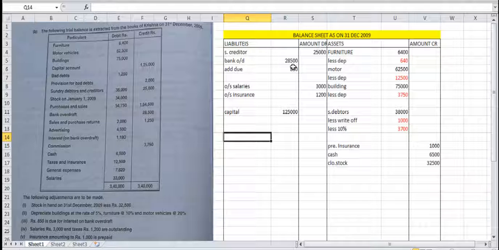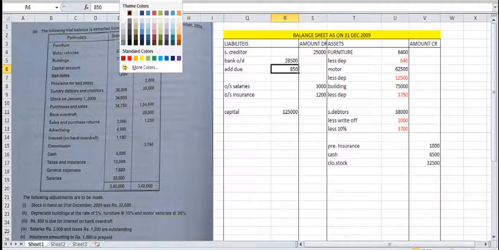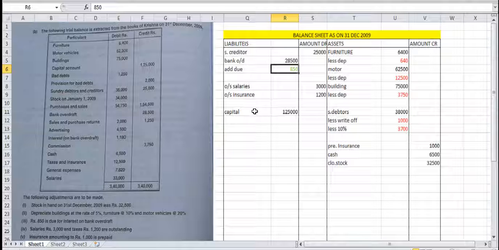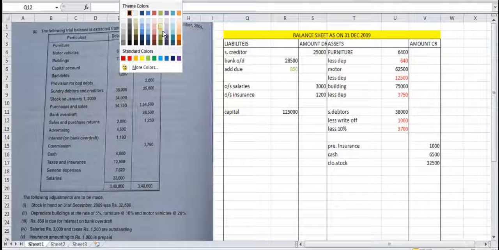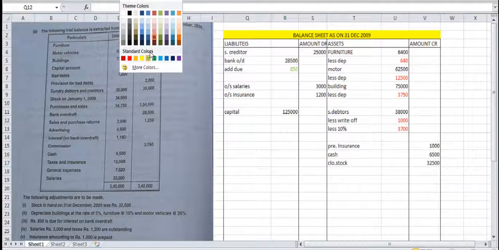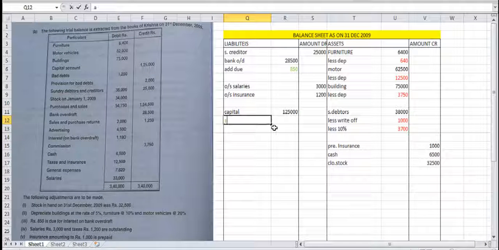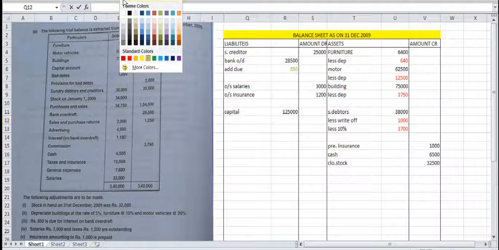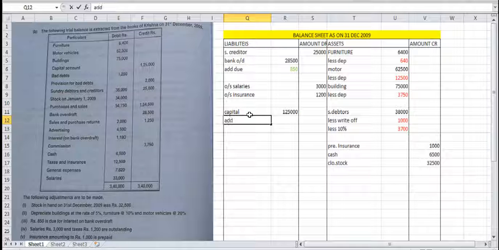Total, this total we have already done, we have to add this one. Now here what we have to do, add profit. Profit was 15,510.